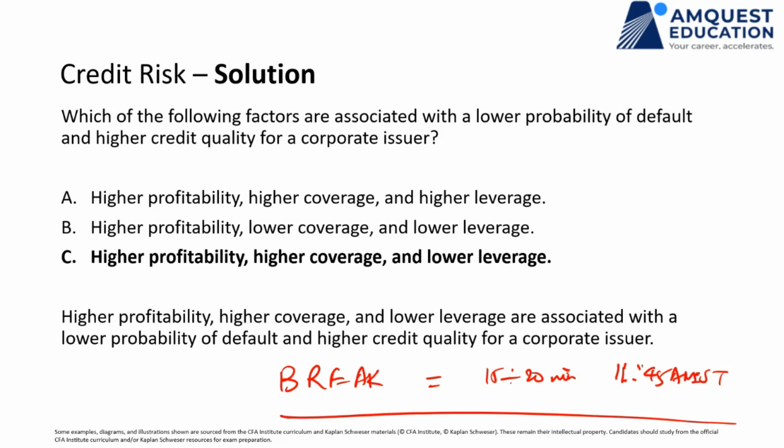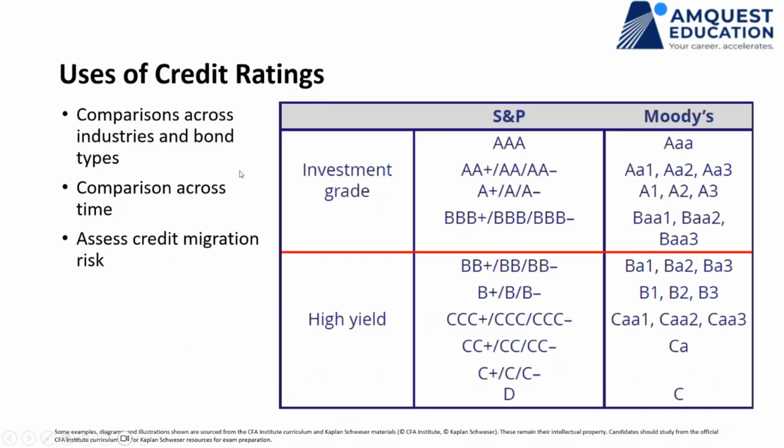Let's pick it up from our credit risk concepts and add additional inputs to this. Now, credit ratings, and I think we did see this previously when we were discussing a concept around investment grade and non-investment grade rating. So this is also called non-investment grade or high yield ratings.